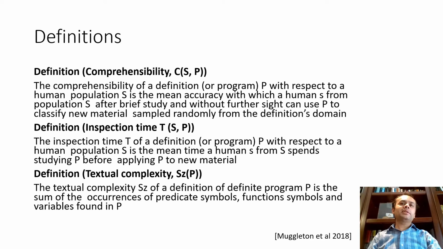To think about domain expertise, it's the mean accuracy with which a human from that population, after a brief study and without further suggestions or insights, can use that information to classify new materials, let's say randomly sampled from the definition's domain. And similarly, we can define the inspection time, linking it back to the definition of comprehensibility, with respect to the mean time that a human from that particular population spends before applying that to a new material. And a similar generalization for textual complexity.